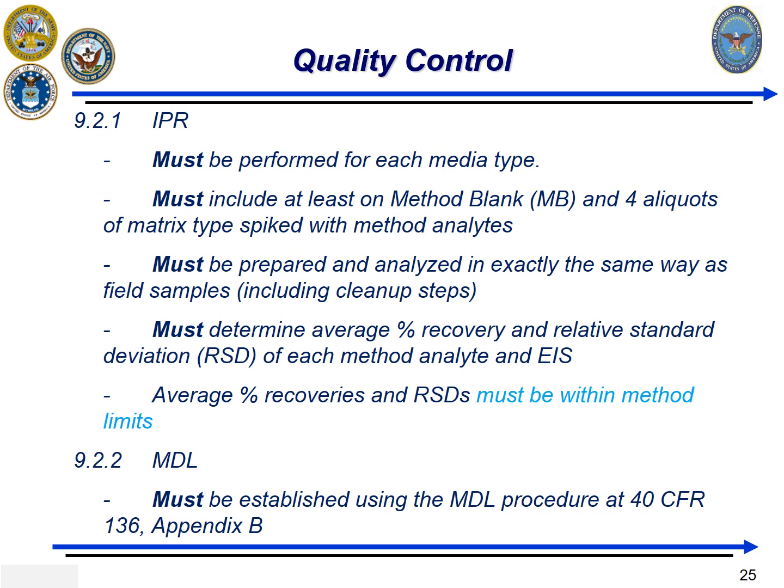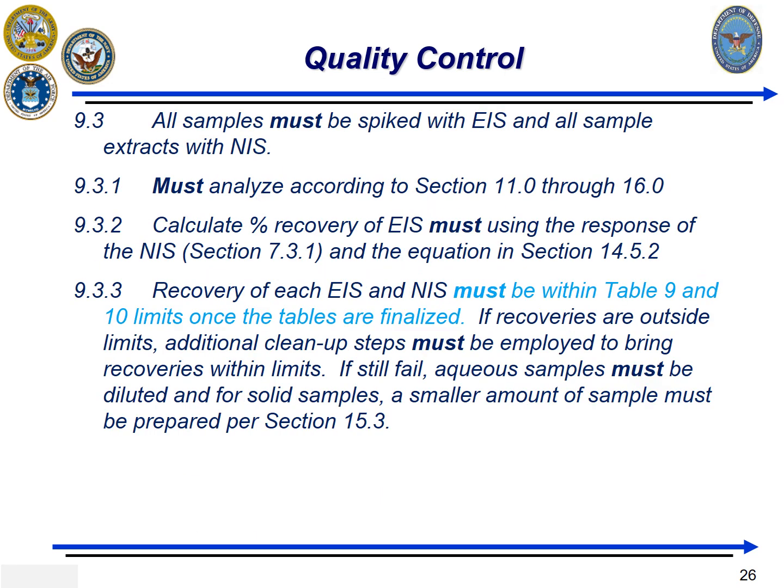Section 9.2.2 has the requirements for the method detection limit determination. The method states, as all the other EPA methods state, that it must be established using the MDL procedure at 40 CFR 136 Appendix B. The method goes on to state that all samples must be spiked with EIS compounds and all sample extracts with NIS compounds.